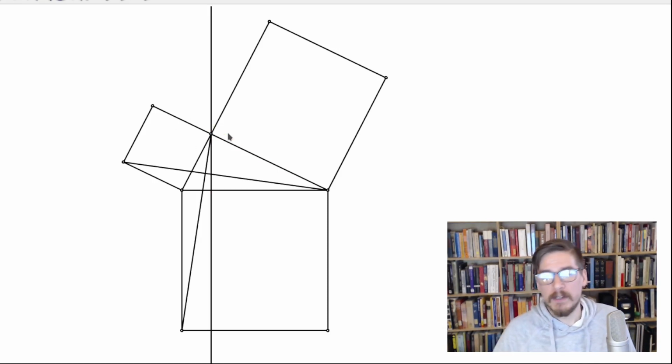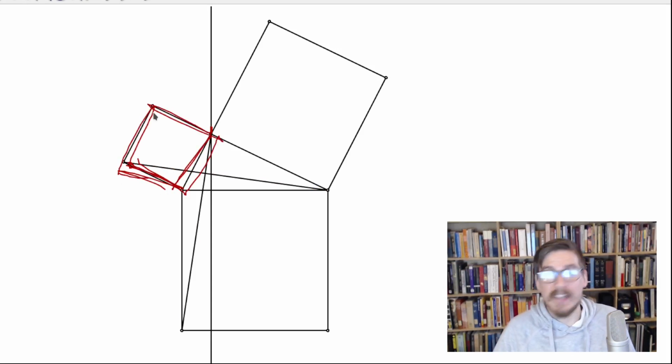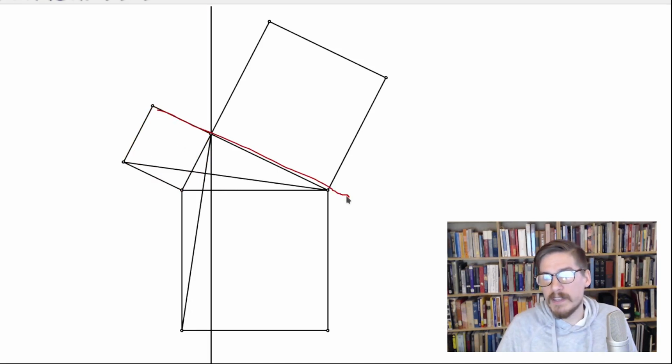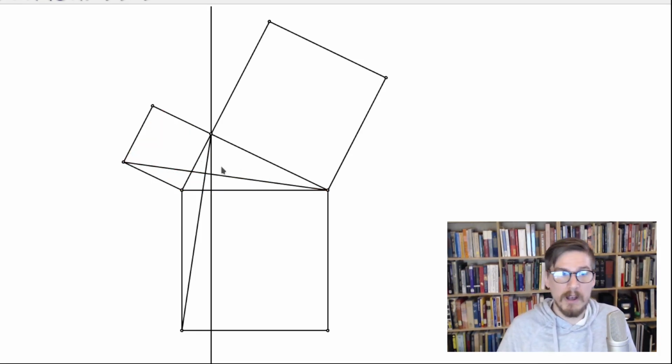Oh, but wait a minute. Remember that a triangle on the same base as a parallelogram, and a square is a type of parallelogram. If they're in the same parallels, which they are, then the area of the triangle is exactly half the area of the square. Oh, okay. But wait a minute.